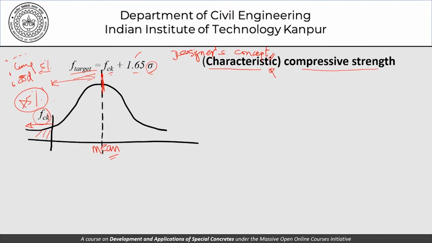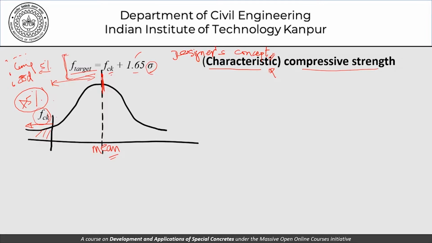So if we want to have not more than 2% fall below the characteristic strength, which is a new definition of characteristic strength, then this 1.65 will change. If we are happy with 10% falling below, then that number will change and so on. Having said that, the normal definition is 5% below this value, not more than that. And therefore the mix is designed for a target strength of FCK plus 1.65 times sigma.